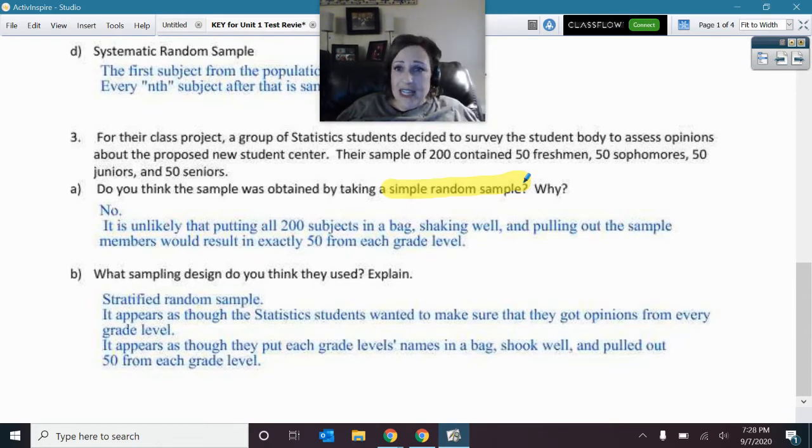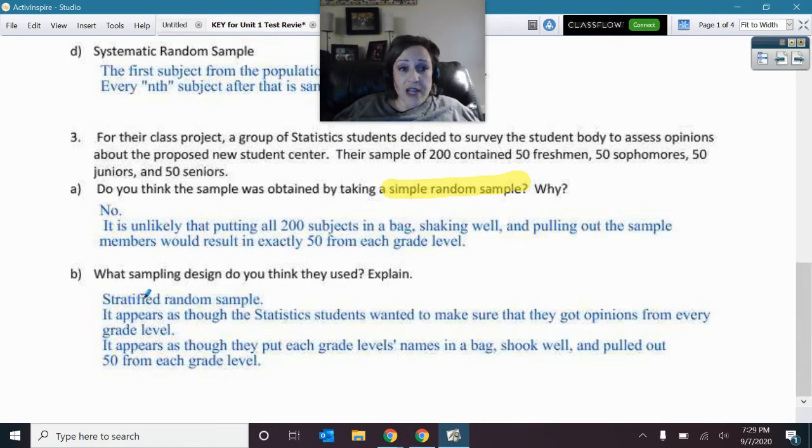So we'd be just as likely to get 200 seniors and none of the others as it would to get 200 freshmen and none of the others. So what happens if there was the same amount in each grade classification? It's unlikely that with just putting all the school in the bag, shaking well, that you would pull out 50 from each grade level. So that's why I don't think it was a simple random sample.